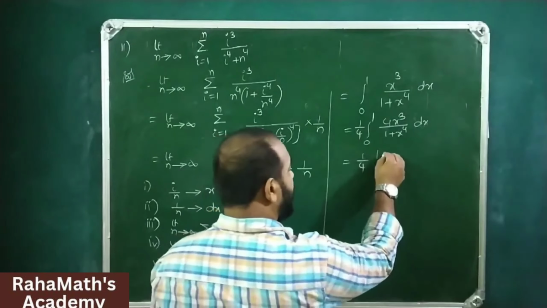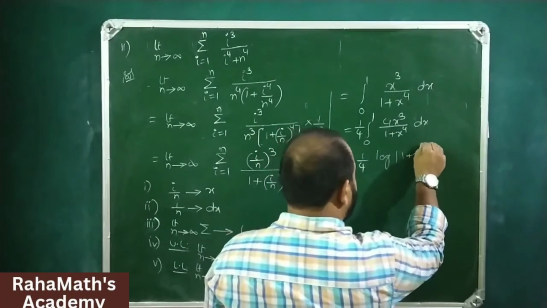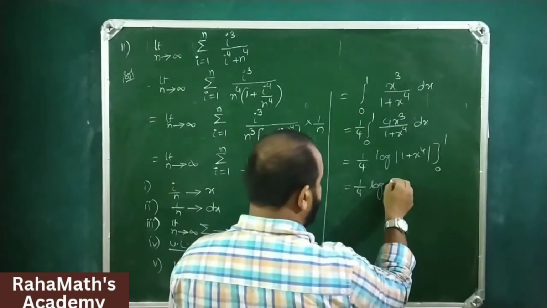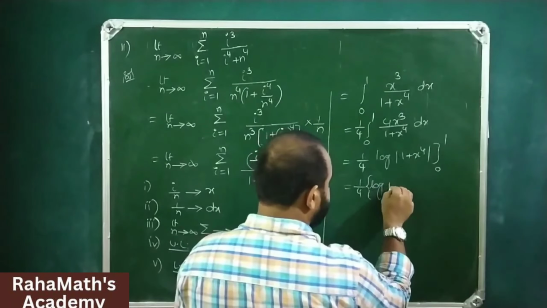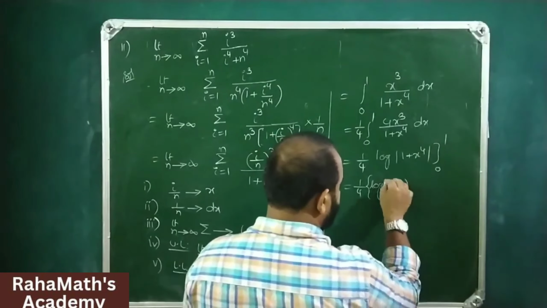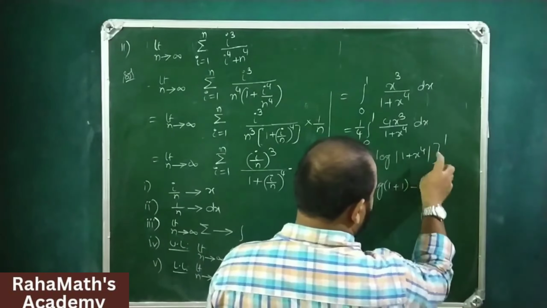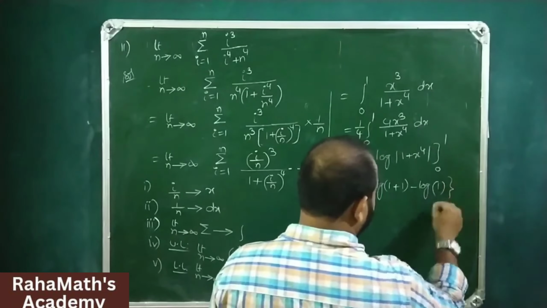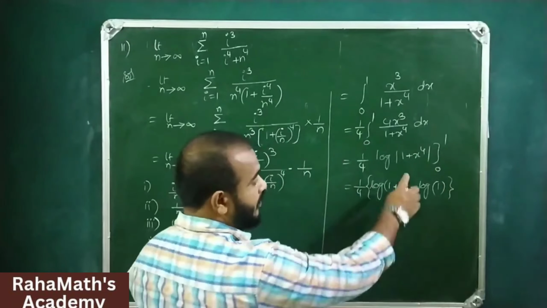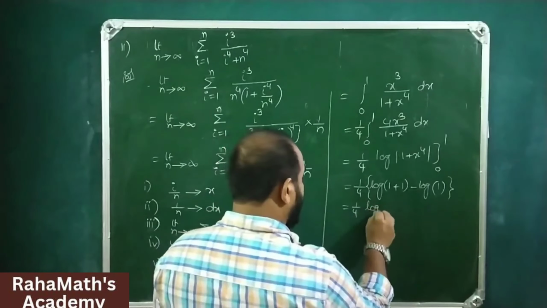So log mod 1 plus x power 4 from 0 to 1. 1 by 4 log, substitute the upper limit: 1 plus x power 4 is 1 plus 1 power 4, so 2, minus the lower limit log of 1 plus 0 power 4. 0 power 4 is 0, so 1 plus 0 is 1. So 1 by 4 log 2.